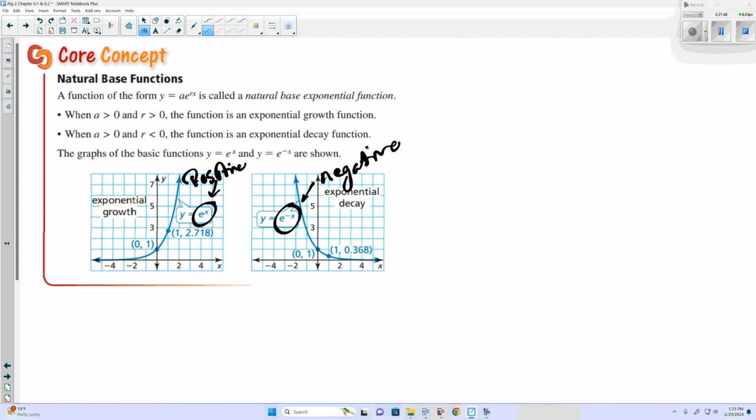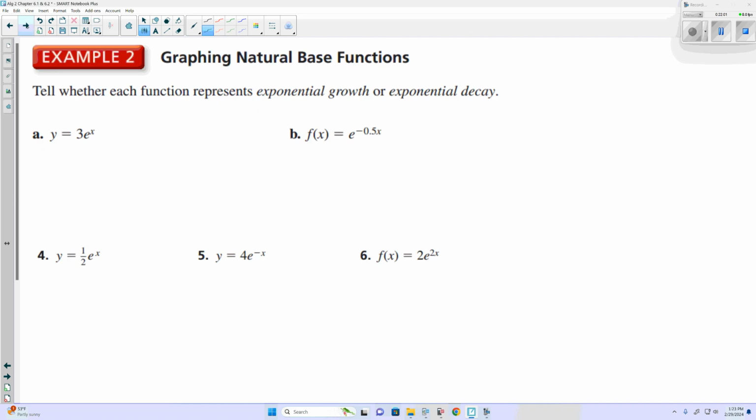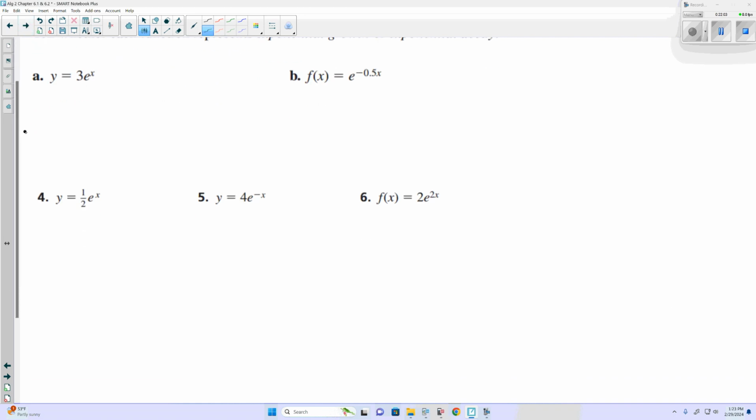So when it's a number, the number has to be greater than 1 for growth, between 0 and 1 for decay. When it's e, if it's positive, it's growth. If it's negative, it's decay. So if we look at the first one here, y equals 3e to the x. Our exponent is positive, yes?